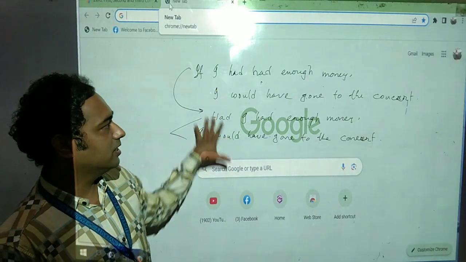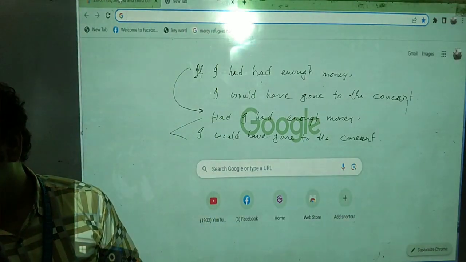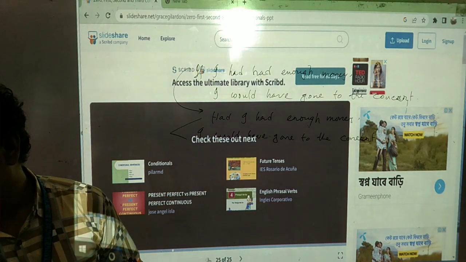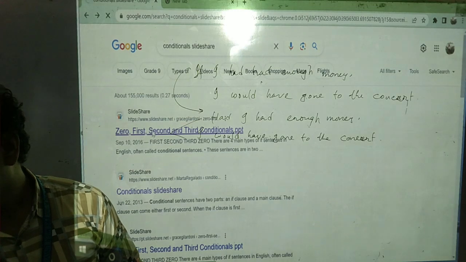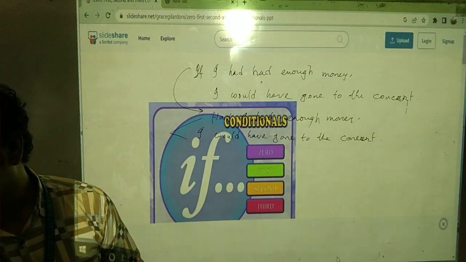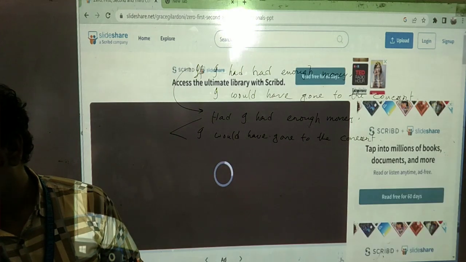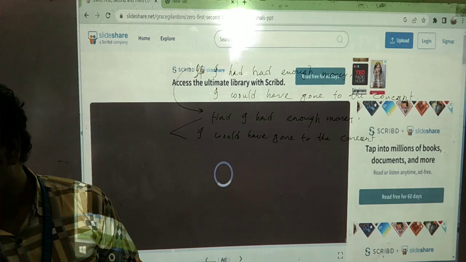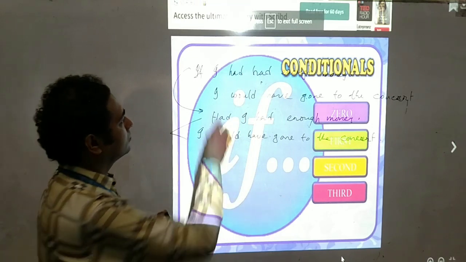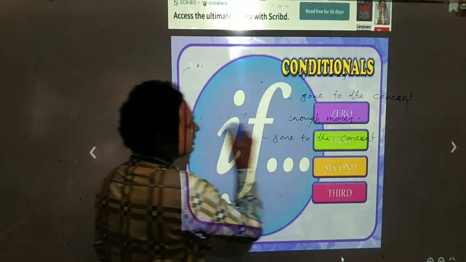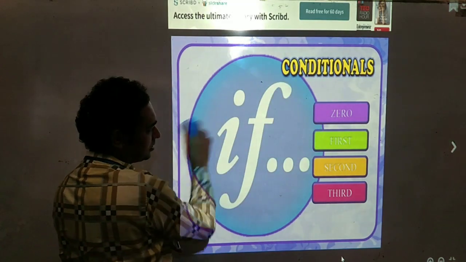Alright, so this is the structure. Let's just revise a little bit. I made it very easy for you for the explanation, and if you have any question, you can certainly ask me.